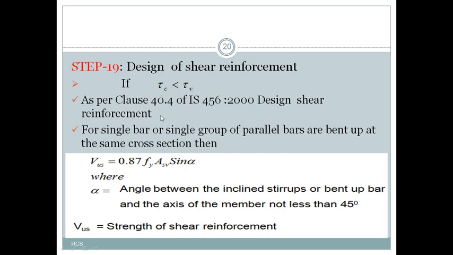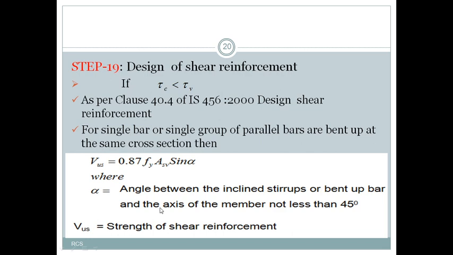So according to clause number 40.4 of IS 456, the design of bent up bars, as we know that we can provide the shear reinforcement in 3 different forms: one is vertical stirrups, second one is inclined stirrups, and third one is bent up bar along with vertical stirrups. If you are providing a bent up bar, then we have to calculate the shear resisting capacity of a bent up bar by using this formula, that is 0.87 Fy ASV into sin alpha.